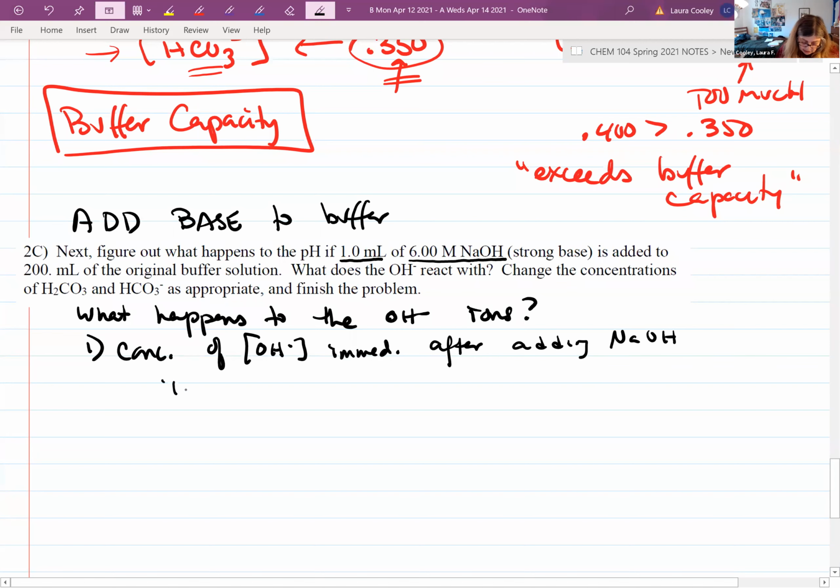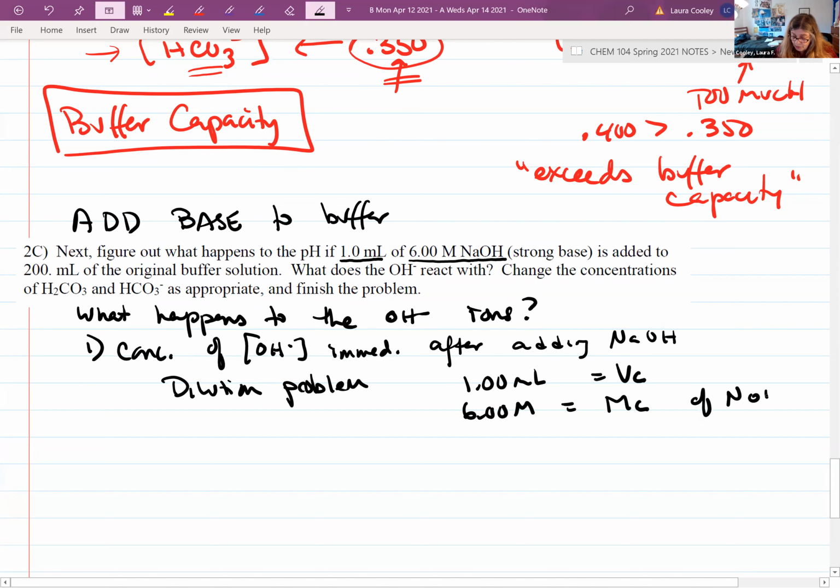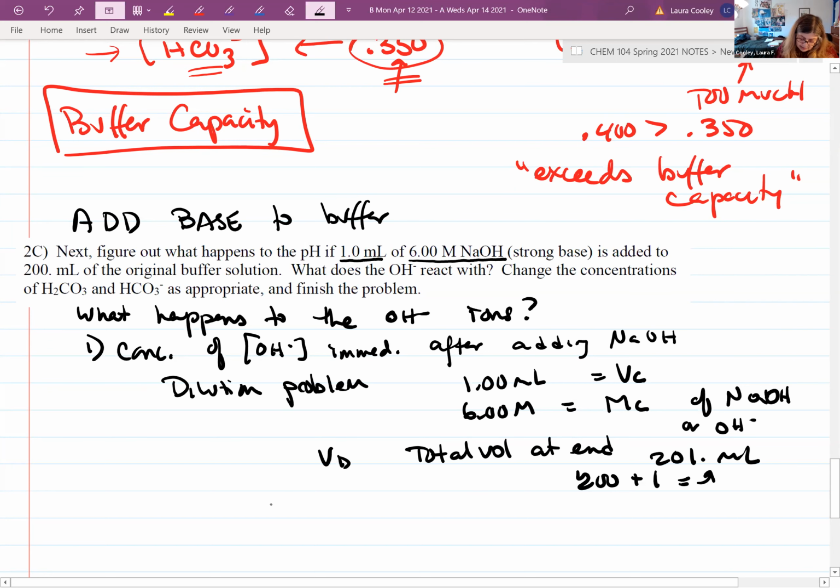And again, this is a dilution problem. In fact, it's the same dilution problem, because we're taking 1 milliliter, that's VC, of 6 molar, that's MC. This time it's NaOH, or OH minus. And we're going to have a total volume at the end of 201 milliliters, so 200 plus 1. So that's going to be VD.